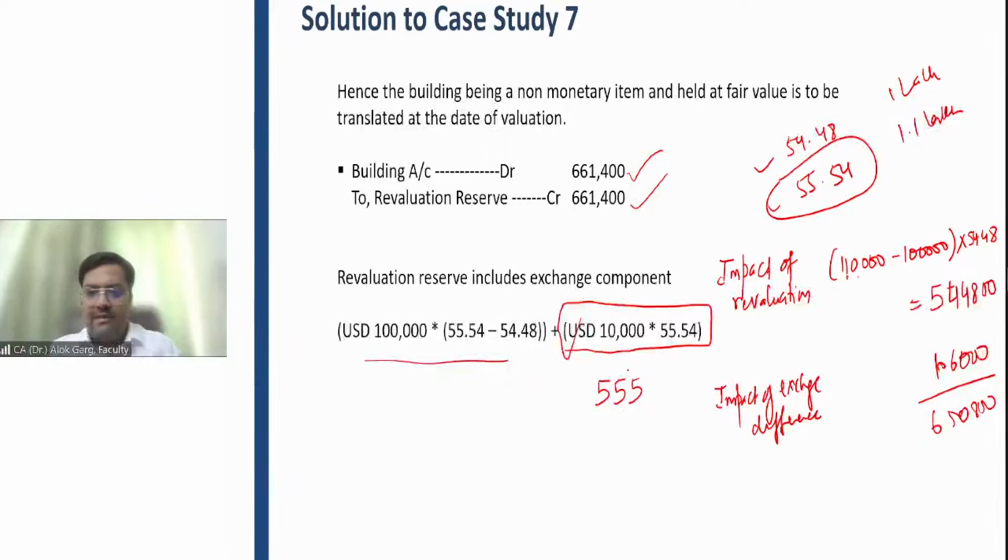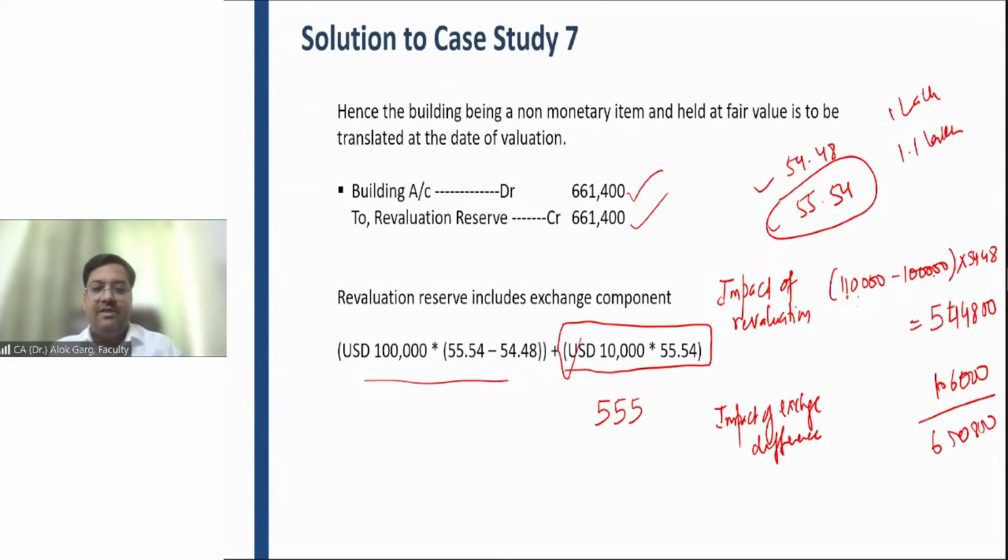5,55,000. I think there is some error in this thing. So basically my impact of revaluation is 1,10,000 minus 1 lakh, and you have to compute the impact of exchange difference not only on the old rate, you have to compute the exchange difference on this entire thing, on this entire thing of 1,10,000.